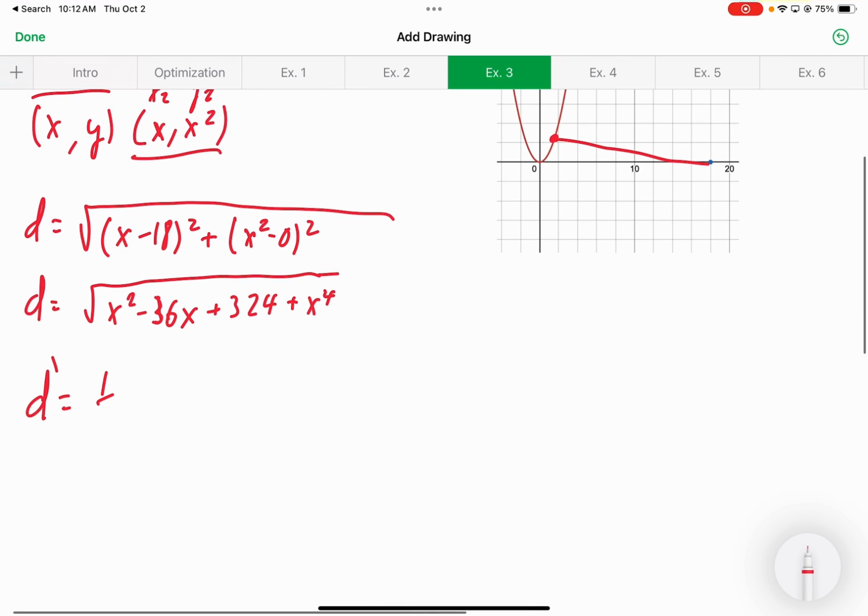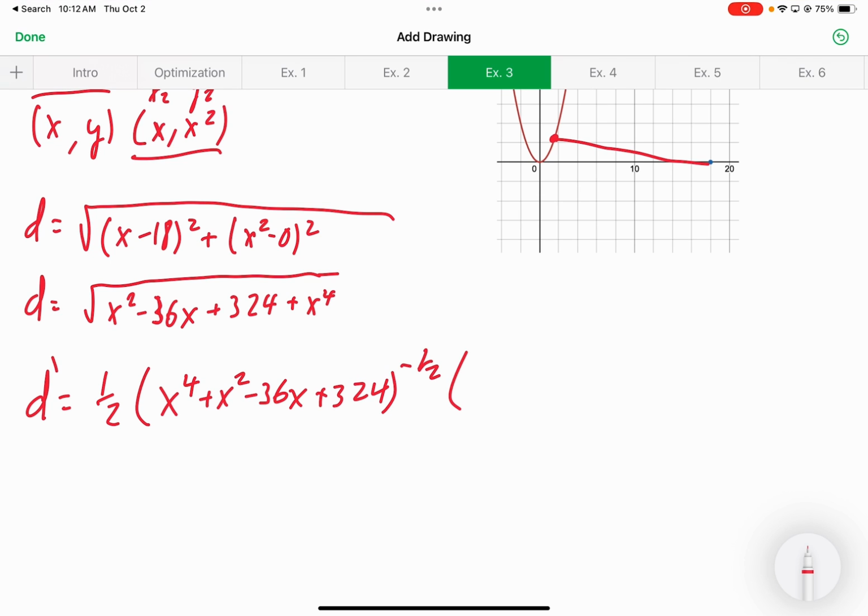So 1/2 times the inside, which is x to the 4th plus x squared minus 36x plus 324, to the negative 1/2, and then times the derivative of the inside, so 4x cubed plus 2x minus 36. If I write that, it looks like this.